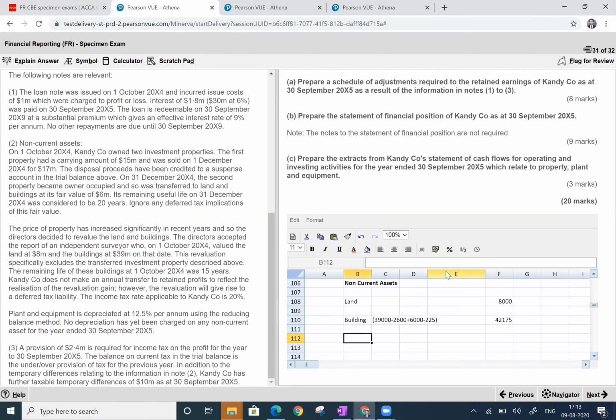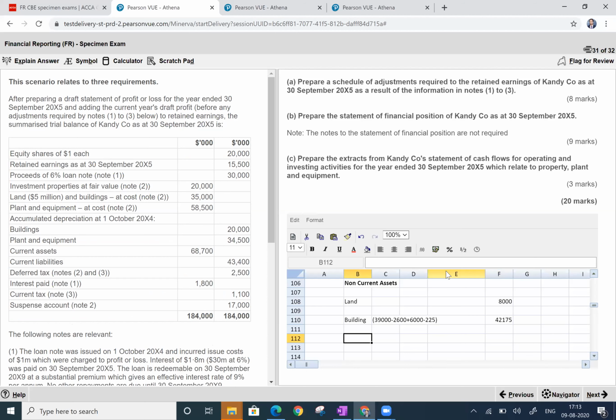Now you have one more asset. Land and building done, investment property done, now plant and equipment. What's the value you have to show in plant and equipment?